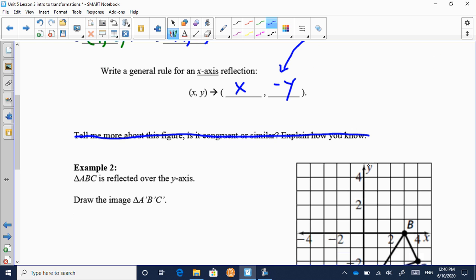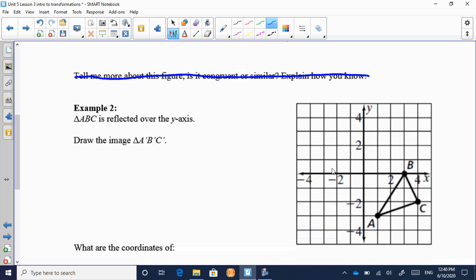All right. Triangle ABC is reflected over the y-axis. Okay, so this time we're going to be doing the reflection along this vertical line here. All right, let's do the reflection. Well, look at this. A would now move to here. I'm going to call that A prime. They're both 1 unit away from the y-axis.